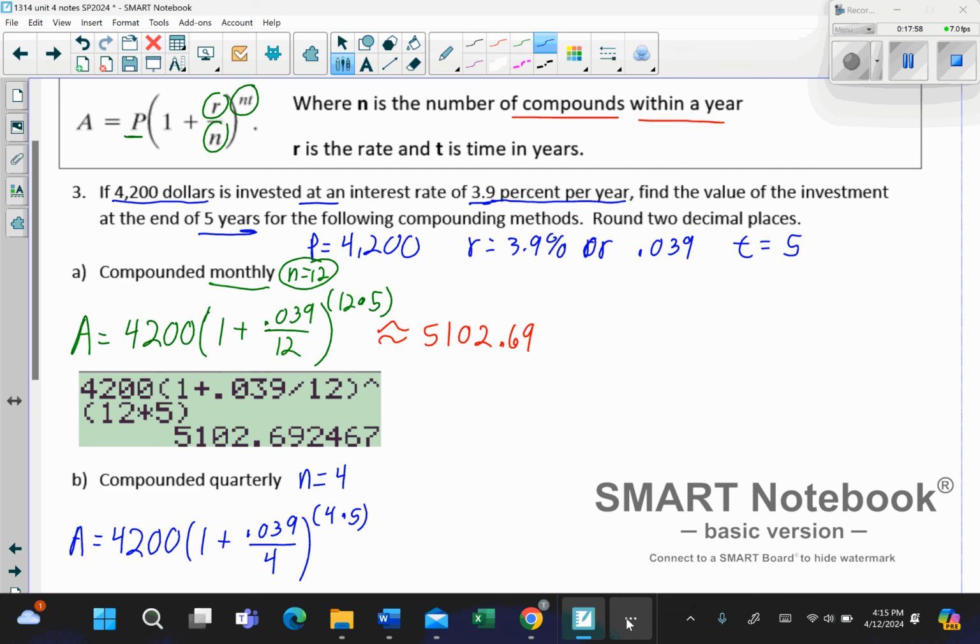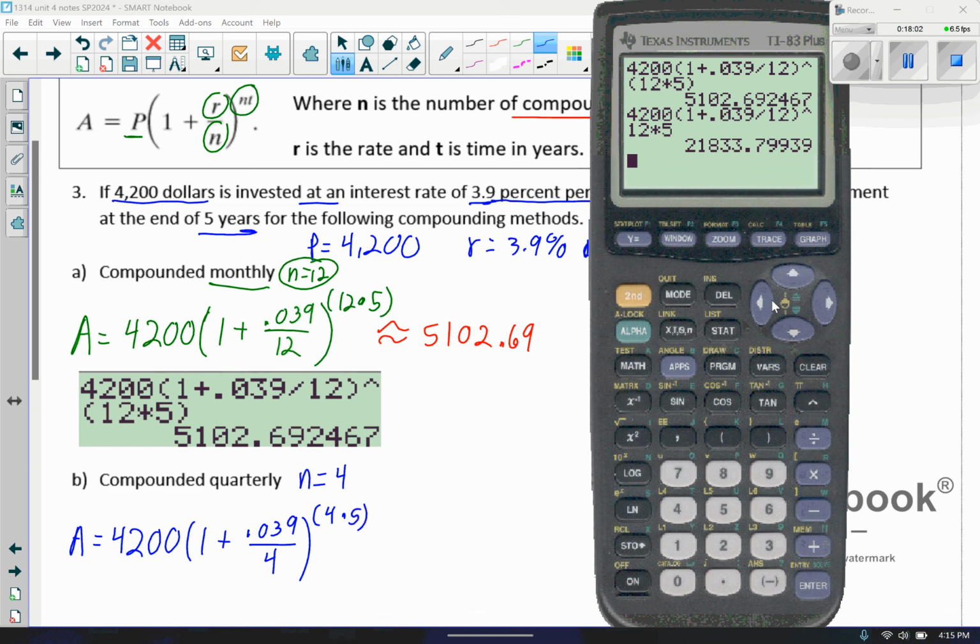All right, so let me pull up my calculator. Now, if you have a graphing calculator, what's kind of nice is if you press second and enter, it'll pop up what I just typed in from the previous question. Now I'm going to have to go up here and change some things. I need to change that 12 to a 4, and I'm actually going to have to delete one of my spaces.